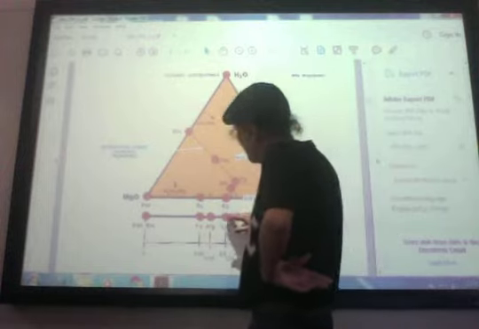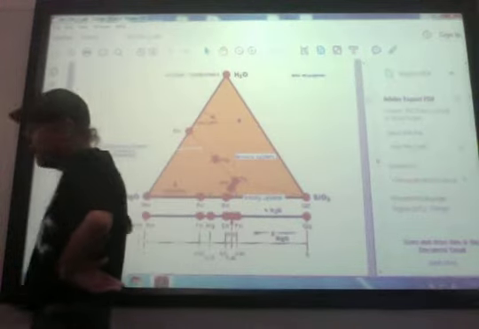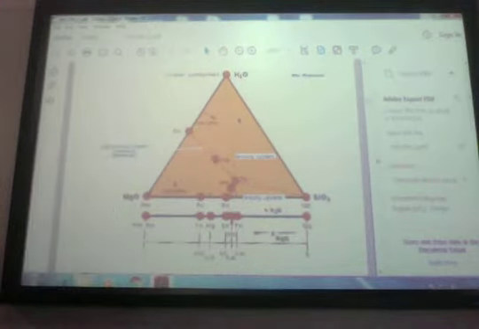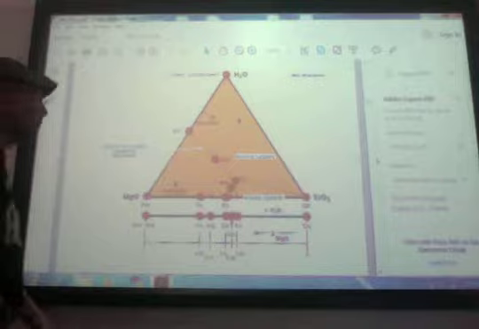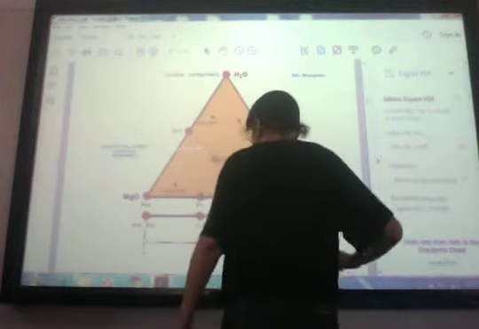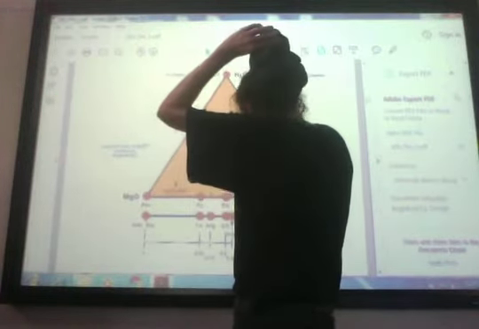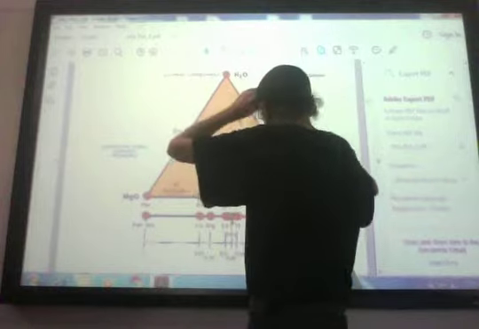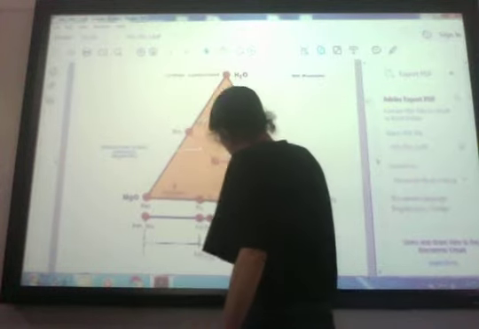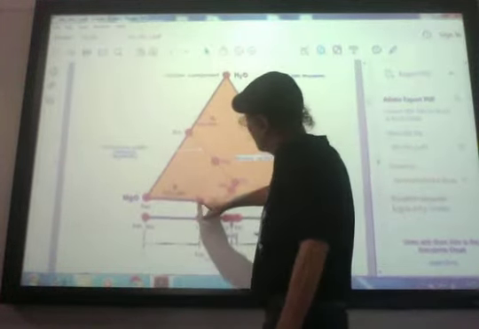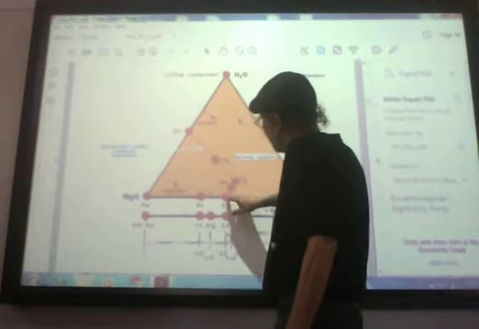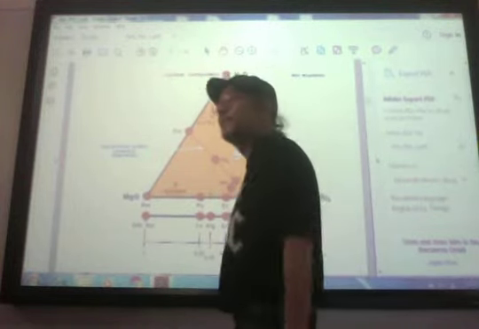On this line we have the binary system between MgO, that is the periclase, which I just told you a couple of minutes ago, and here we have the quartz. In the binary system, as I told you before, we can plot the mineral forsterite and the mineral enstatite, yeah?